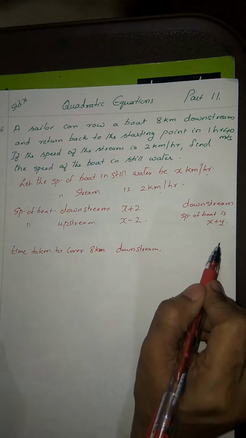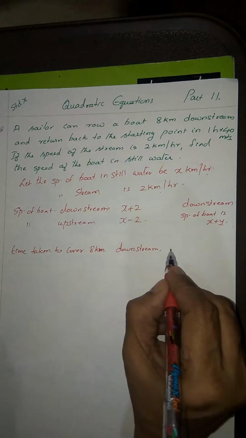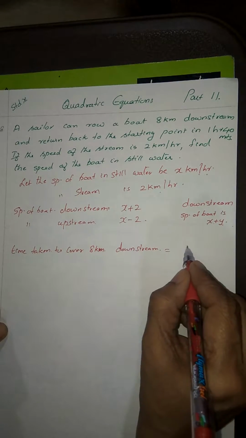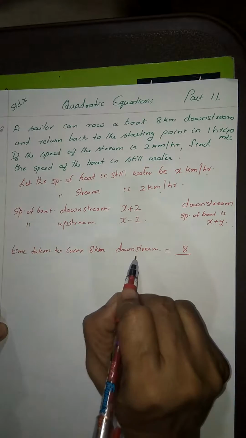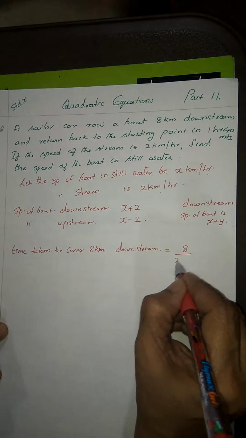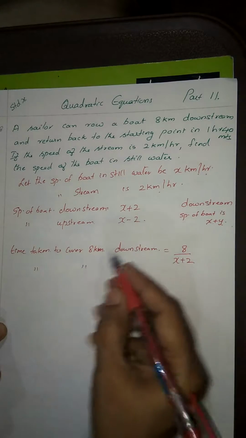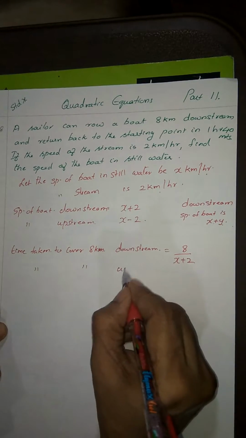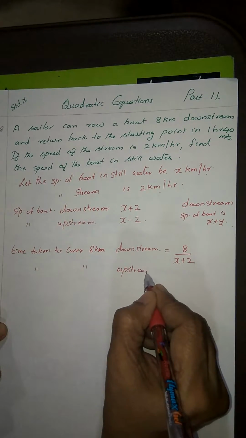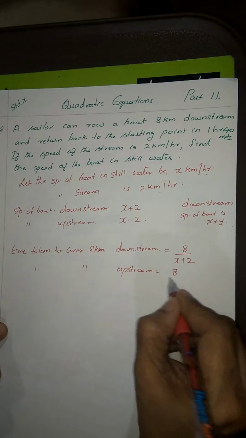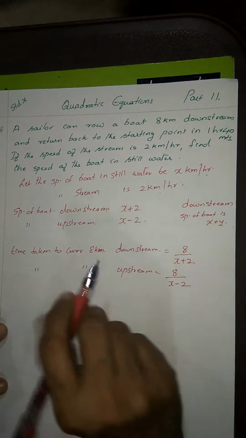Speed is equal to distance by time, so time is equal to distance by speed. So distance is 8 by speed, this is downstream, so it is x plus 2. Similarly, the time taken to cover 8 kilometers upstream is 8 by x minus 2.